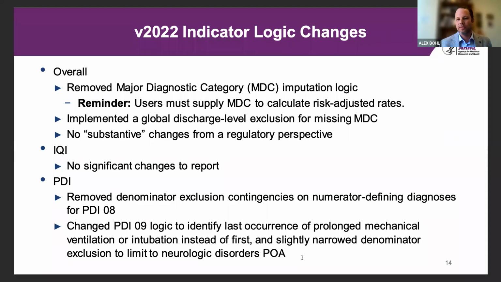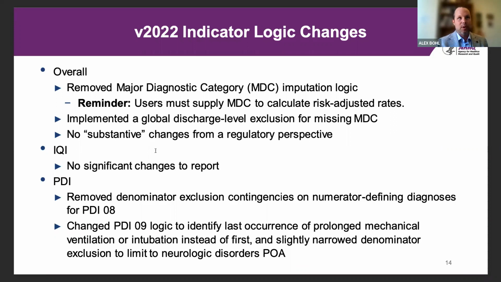This is something we've seen over the past few years, where there were certain situations where the numerator and denominator criteria depended on each other too much. So there were situations where you could be in the denominator, but you could never qualify for the numerator. In that case, how could you be in the population at risk? So we've removed that contingency from PDI 8, and you'll see some similar examples in the PSIs.